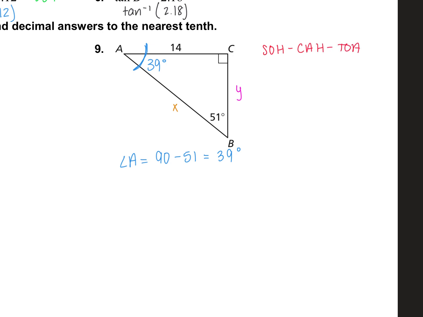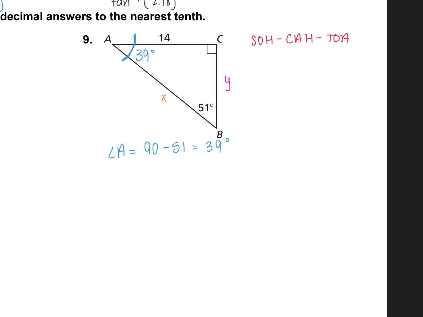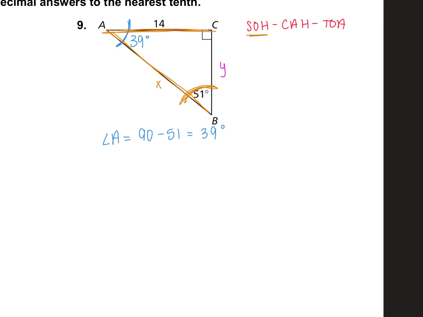I'm going to go ahead and solve for x first. Again, I like to use the angle they're giving me and the side they're giving me. Right now I have opposite 51 and I'm solving for my hypotenuse. Looking at it, which one has opposite and hypotenuse? I'm going to use sine.